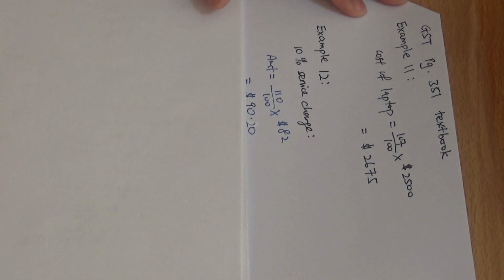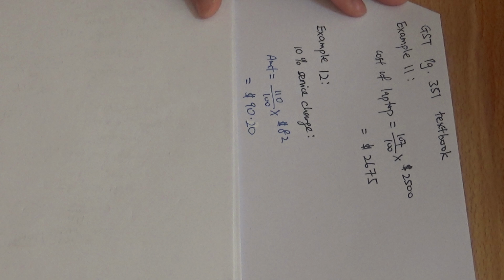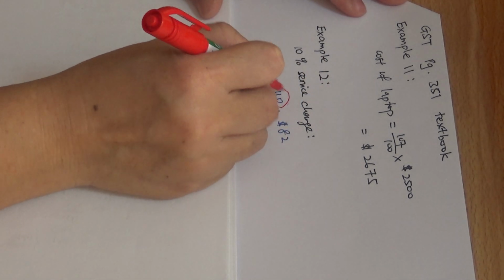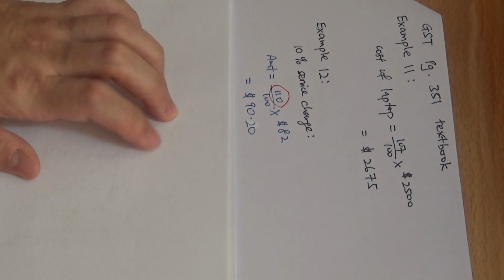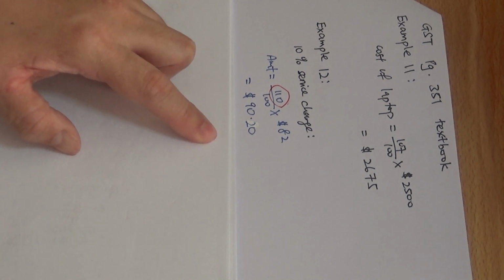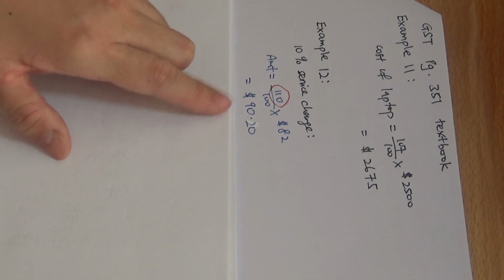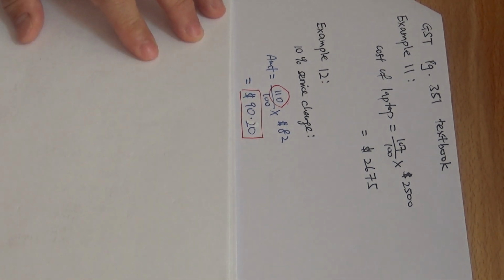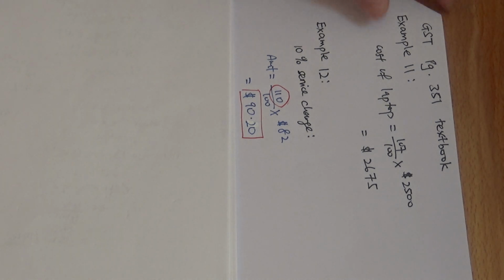Now, first of all, with 10% service charge, we will have to pay 110%. I will have $90.20. Now this amount, $90.20, is charged with 7% GST.